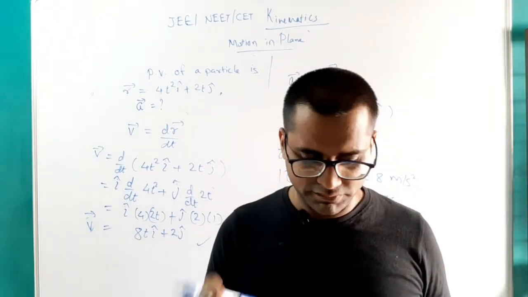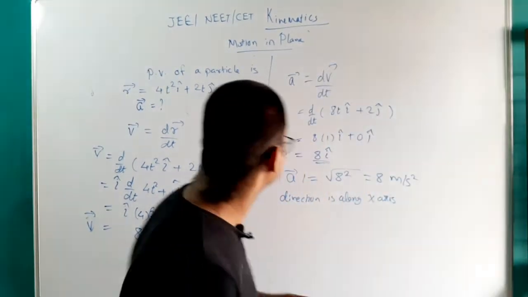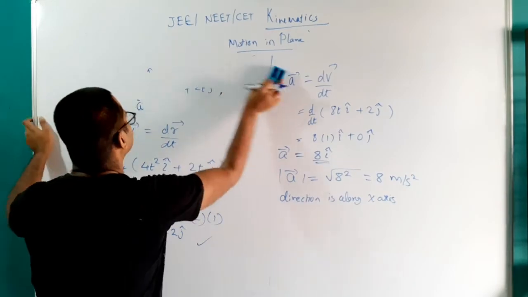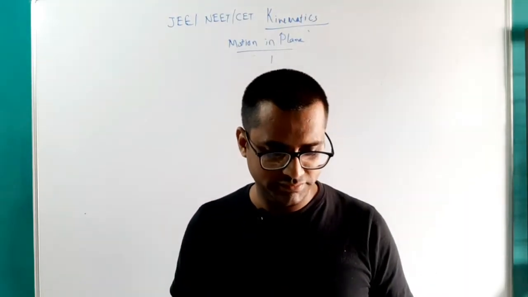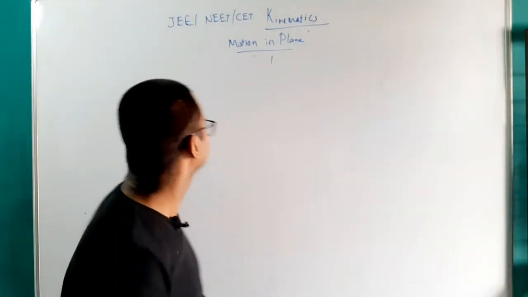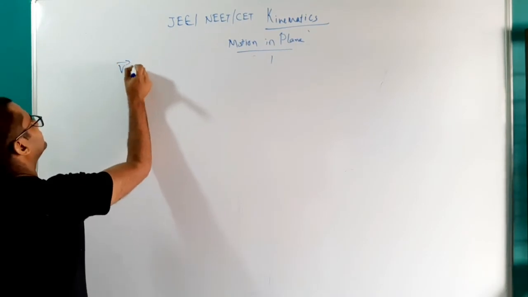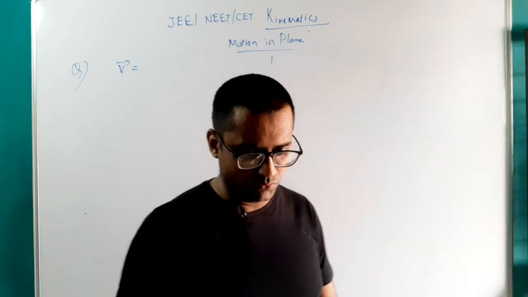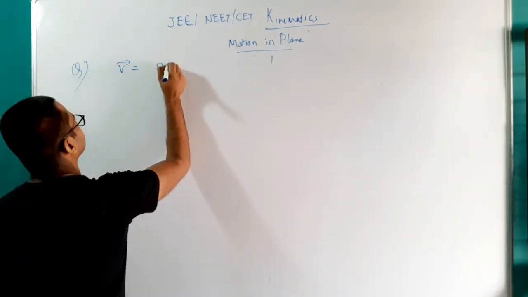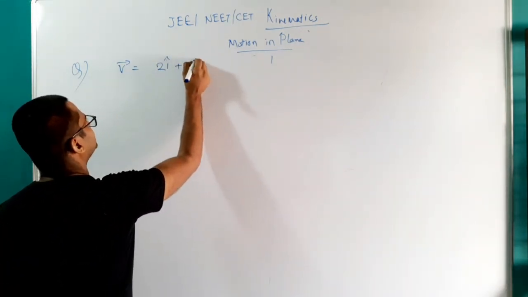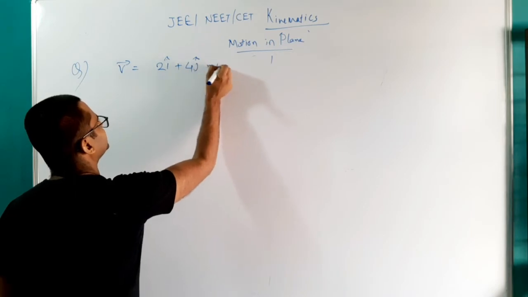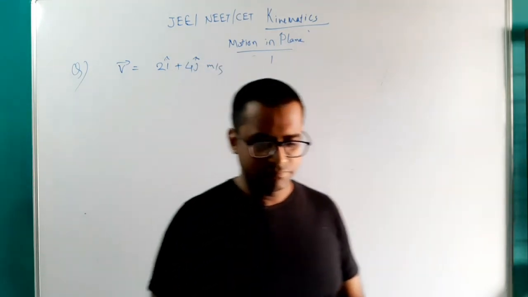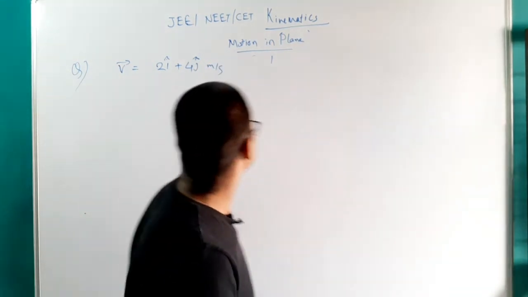Let us do one last example and we'll stop here. The last example is: an object has velocity v equal to 2i plus 4j meter per second at time t equal to 0.